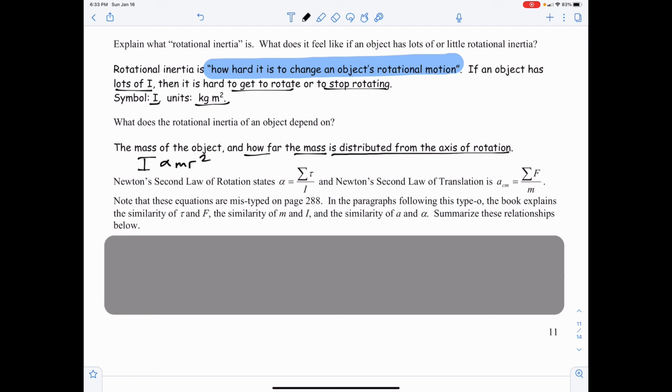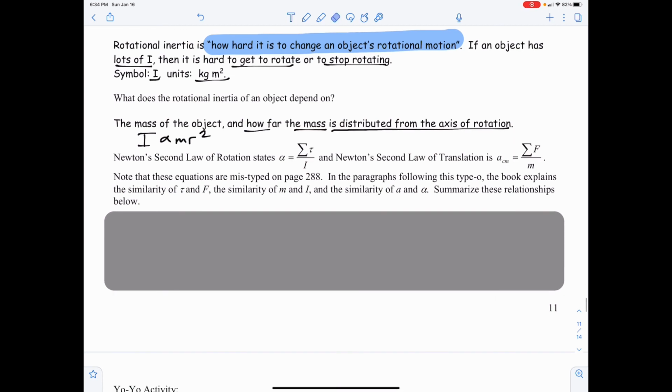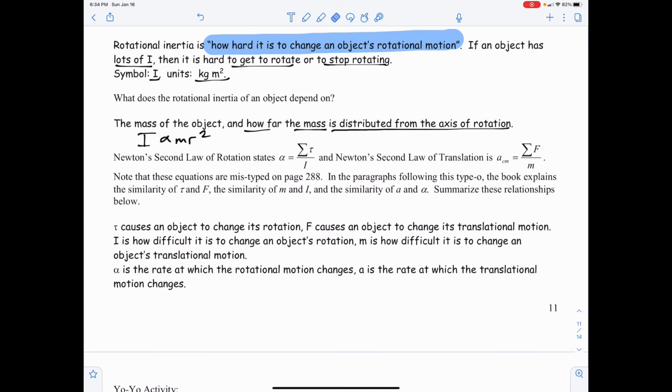Newton's second law of rotation states that alpha, the angular acceleration, is caused by a net torque, just as translational acceleration is caused by a net force. Torque causes an object to change its rotation. F causes an object to change its translational motion.